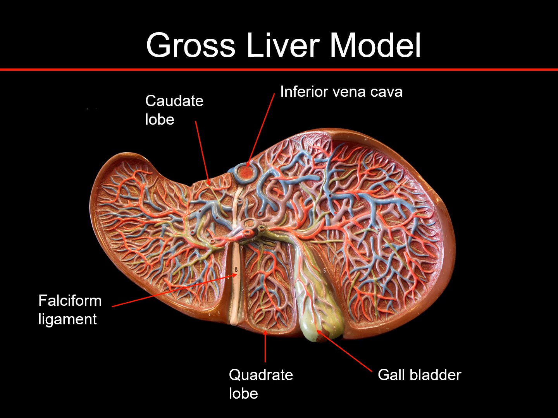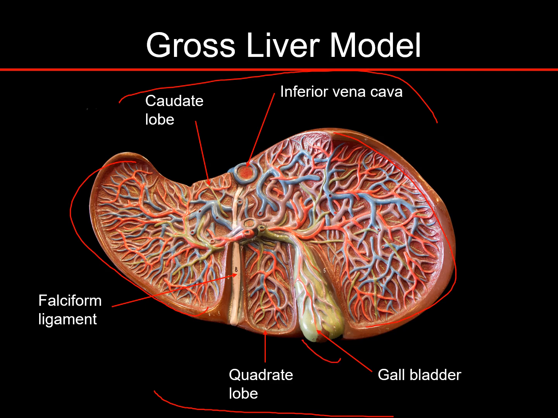So if we look underneath, we've flipped it over and we're looking at the inferior side of the liver. So this is going to be the anterior side. This would be the posterior side. Okay, so right liver lobe, left liver lobe, and then sitting in between the gallbladder and the left lobe is the quadrate lobe.